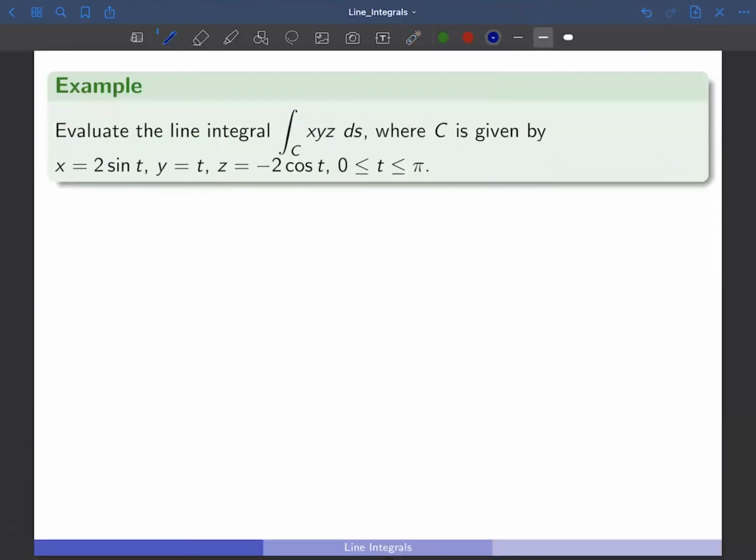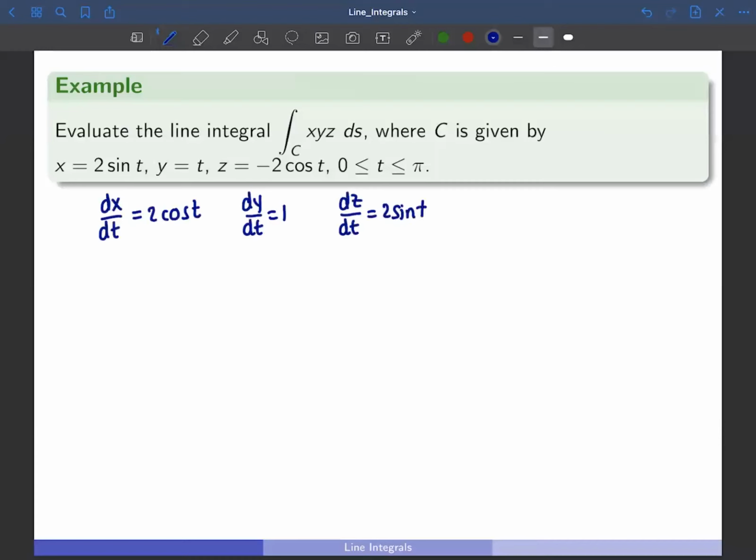We'll need dx over dt, dy over dt, and dz over dt, so we'll evaluate them now. Since x is equal to 2 sine t, dx over dt is 2 cosine t. Since y equals t, dy over dt is 1. And since z equals negative 2 cosine t, dz over dt is 2 sine t.